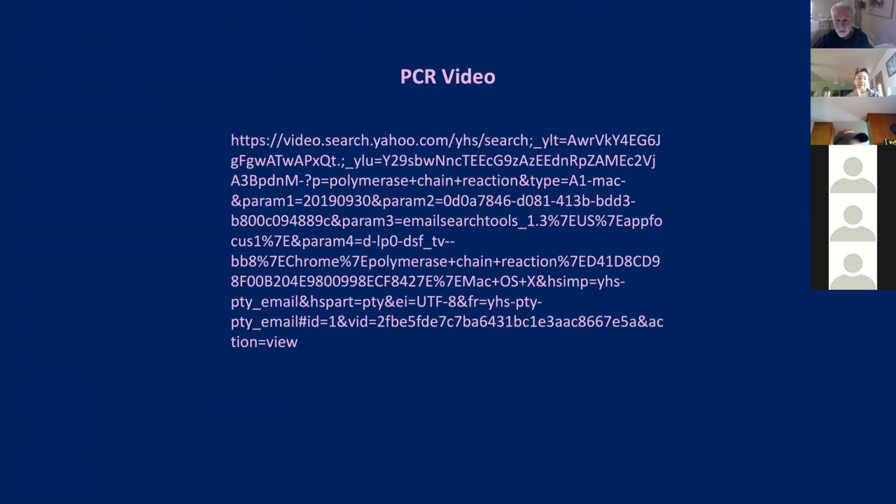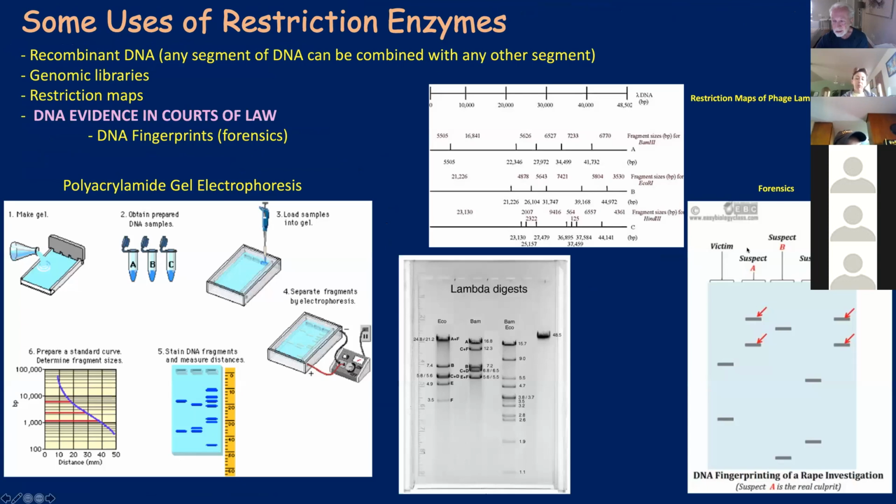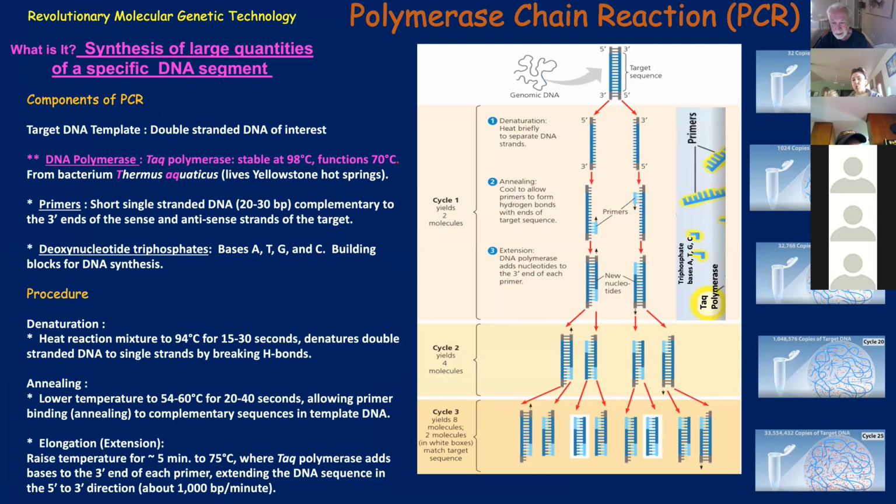So if we go back to this slide about forensics, this evidence from the site could, and you remember from the video, be a blood sample or semen or a hair from the site. But if there's one molecule of DNA from the crime scene, that can now be amplified with PCR to as much as you want.